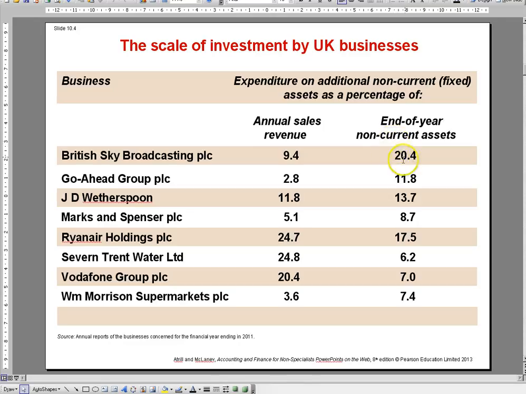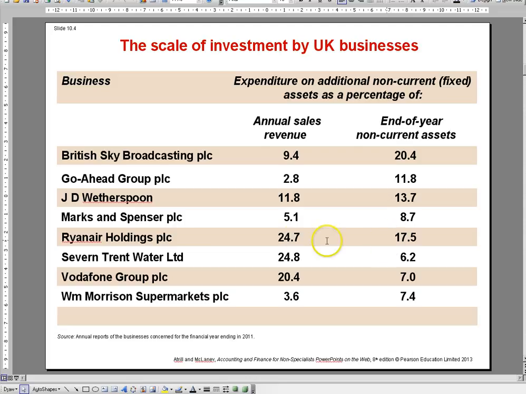So a considerable updating. Then we can look at these other companies, all of them. Weatherspoon, 11.8% of their sales revenue they're spending on buildings, land, and beer plants or whatever they do. Well, it's the pubs, isn't it? Yeah. Then Marks and Spencer, spelt wrongly, 5.1% and 8.7% of their existing shops, etc. they're updating.